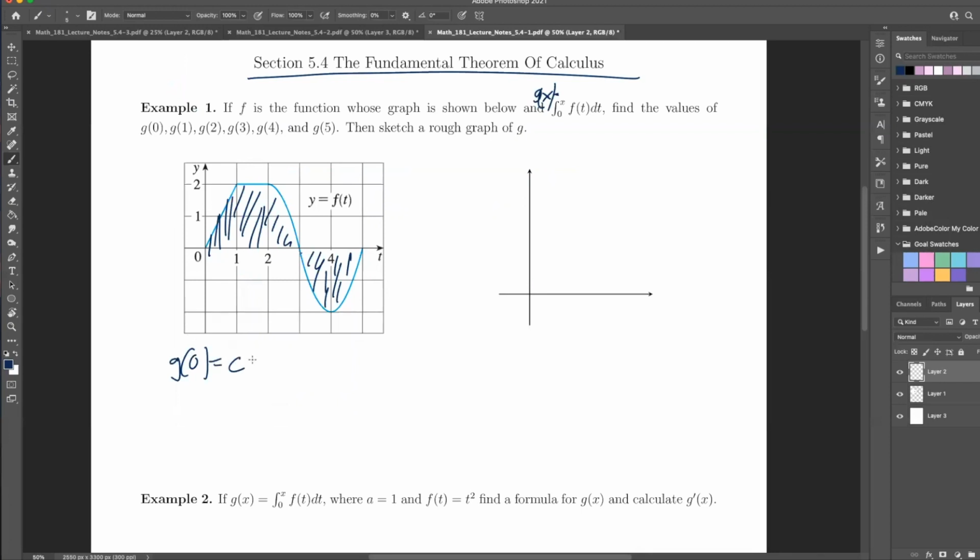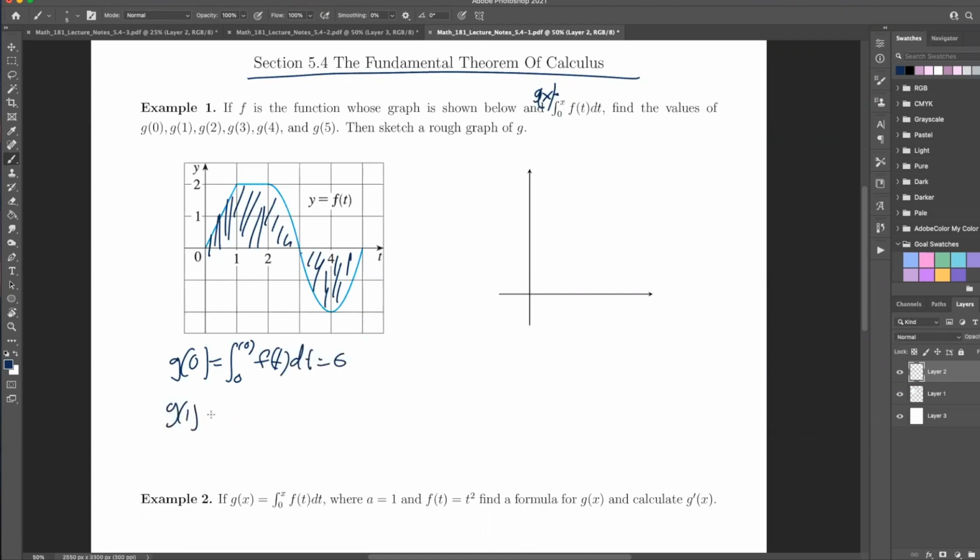G of 0 here is 0, because if I integrate from 0 to 0, let me write this in. I integrate from 0, and here I'm plugging in 0, f of t. So from 0 to 0, we know this to be 0.